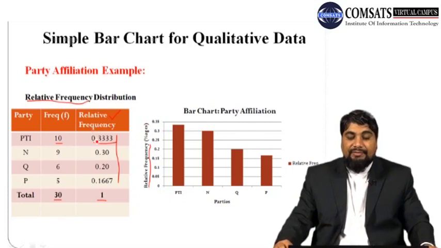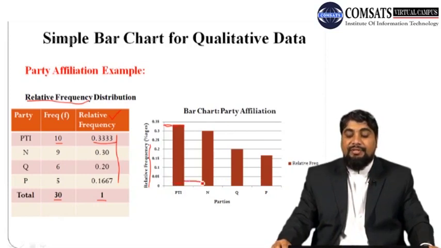For the first party PTI the relative frequency is 0.3333, so 0.33 will be somewhere here. Just construct the corresponding bar having length up to 0.33, and its width, as I told you, can be any suitable width. The important point to keep in mind is that the width of all the bars should be the same, and second, the gap should also be the same.